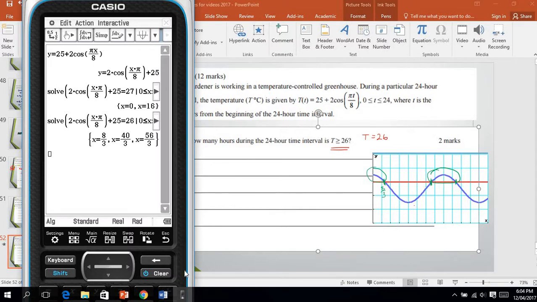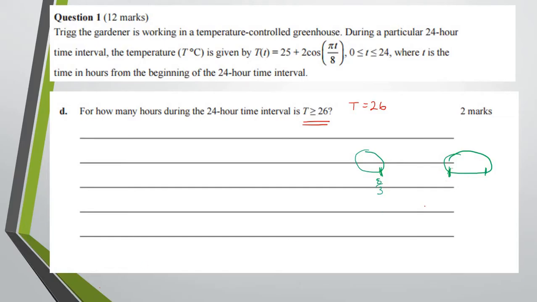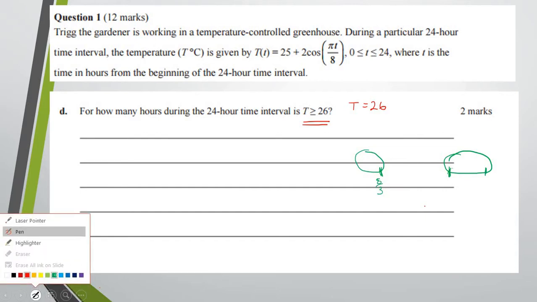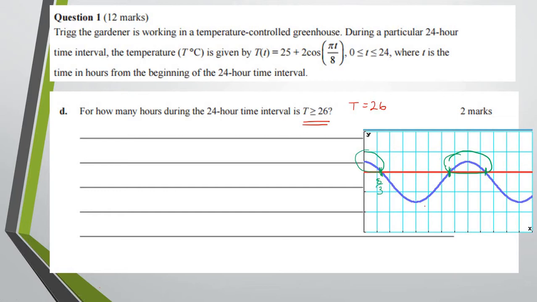This is where the main menu is really important. So we can fill these values in. Let me change colour again, and I've lost my graph, there it is, okay. So this is happening here at the value of 40 over 3, and here at 56 over 3, okay?